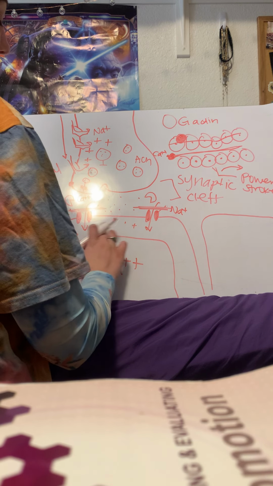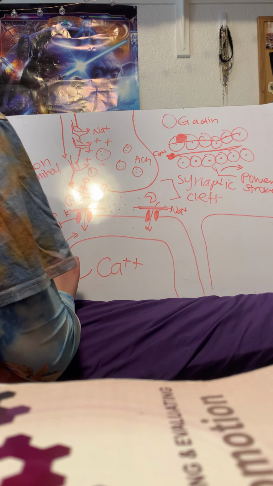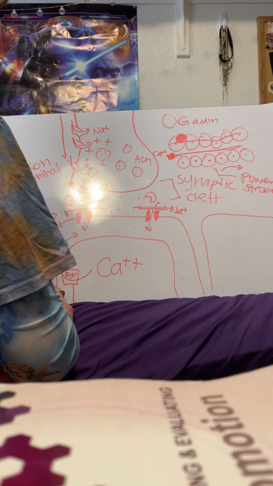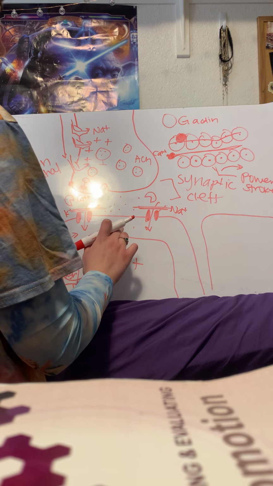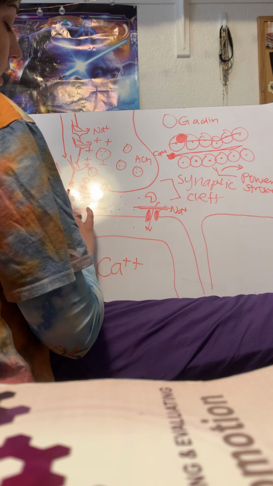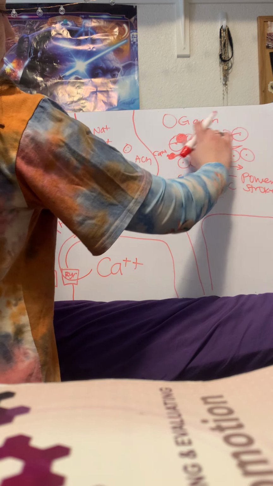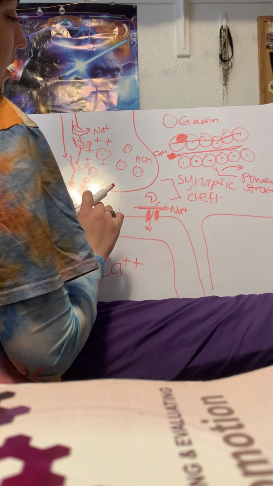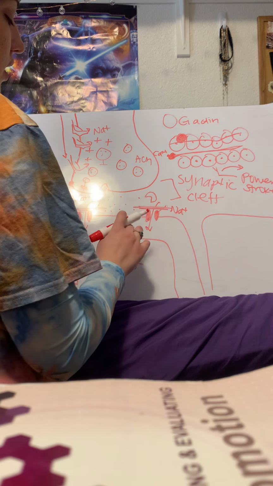So these positive charges would not be here, which would never then activate this voltage-gated sodium pump, which would never activate an action potential down to DHP, which would never open ryanodine, and calcium would never flood out. And then calcium would not be able to bind to troponin, lifting up tropomyosin. So basically, if these channels were blocked, the active binding sites on the actin strand would be blocked as well, and there'd be no muscle contractions.